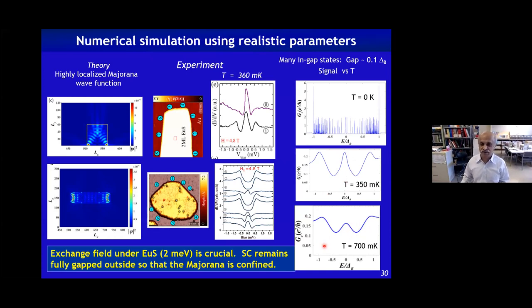It appears that although our base temperature is 360, what the system is actually seeing is probably around 700 millikelvin. That can also explain the breadth of the peak. So what is important is that in order to get this kind of result in the calculation, they have to assume an exchange field underneath the europium sulfide on the order of 2 millielectron volts.